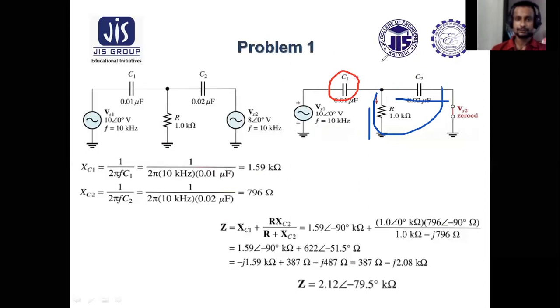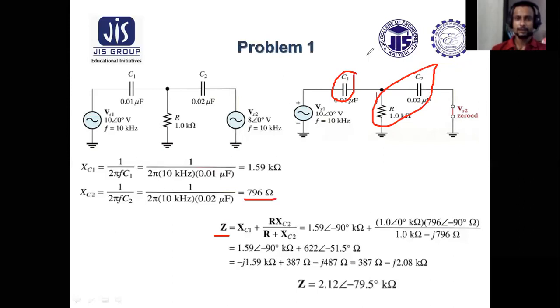So the equivalent impedance of the circuit will be this in series with the parallel combination. The parallel combination of R and XC2 will be R XC2 by R plus XC2. Here C2 will not be considered; XC2 will be considered because XC2 is the impedance offered by the capacitor.